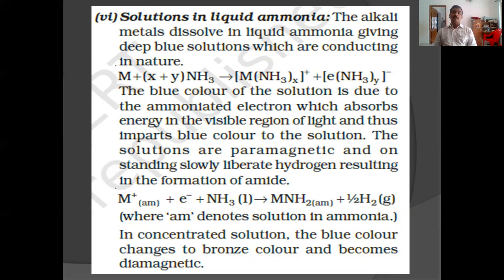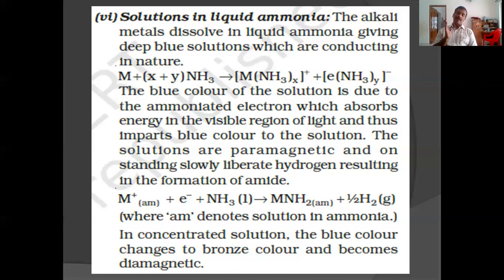The ammoniated electron absorbs energy in the visible region of light and thus imparts blue color to the solution. Because of these electrons, the solutions are paramagnetic and on standing slowly liberate hydrogen, resulting in the formation of amide: M plus e minus plus NH3 gives MNH2, amide, NaNH2 sodamide, plus half H2, with the liberation of hydrogen.